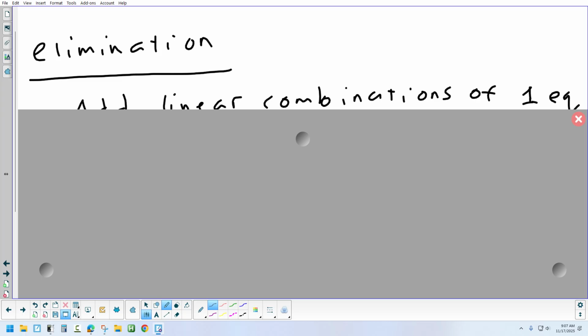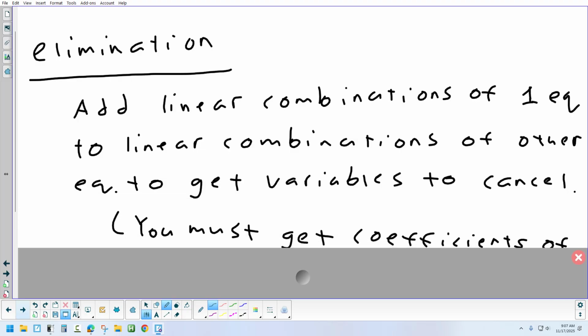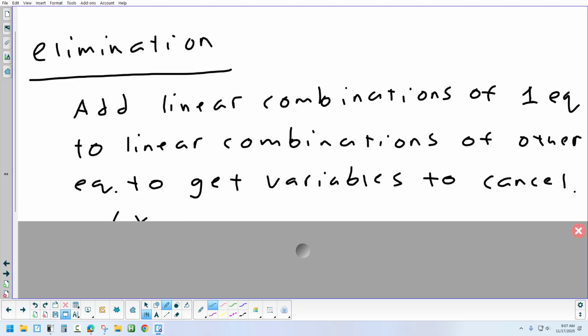All right, so elimination works well when you have 2 equations or more, and they all have the same structure to them. They all have the same kind of format. And the goal is to add one equation to another equation to try to get variables to cancel.